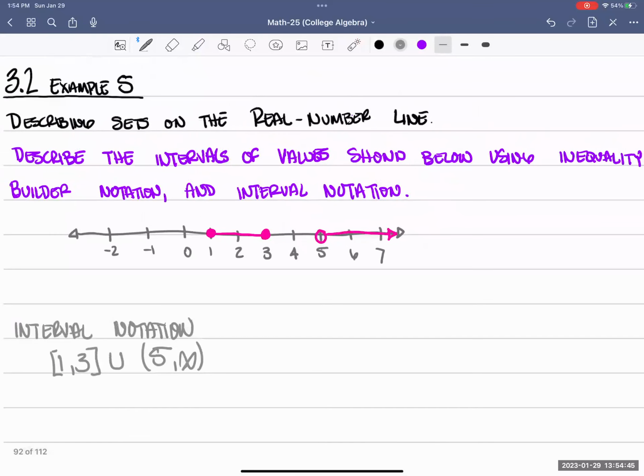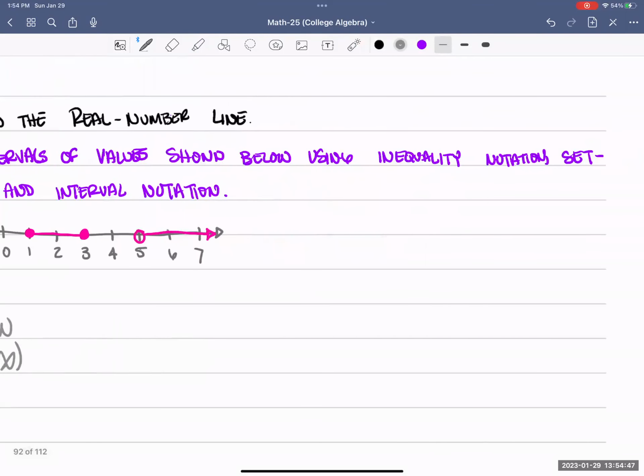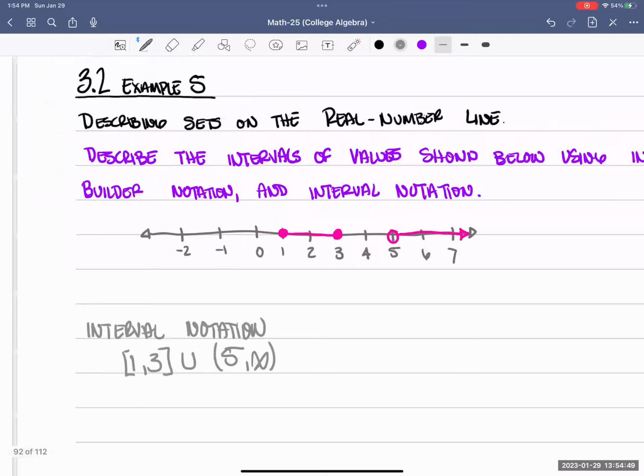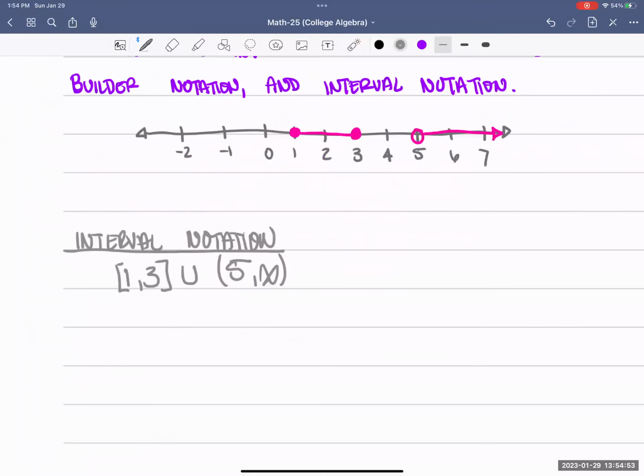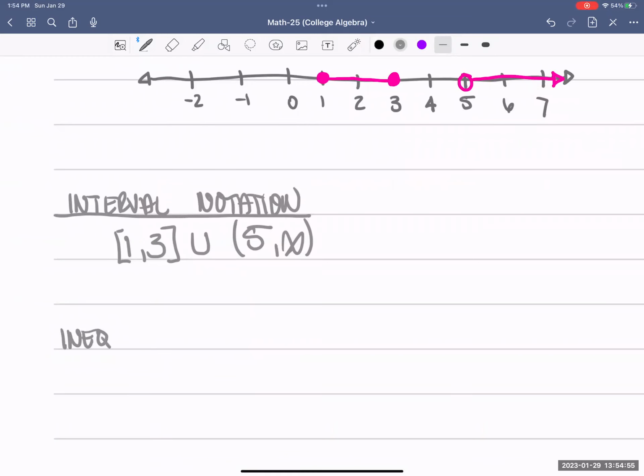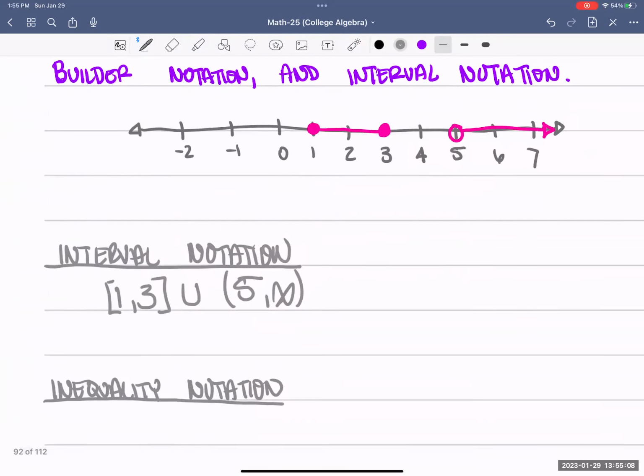And inequality, I feel like that one's going to be the next easier one. So let's go with inequality notation. And with inequality notation, what we're doing is we're identifying some variable.